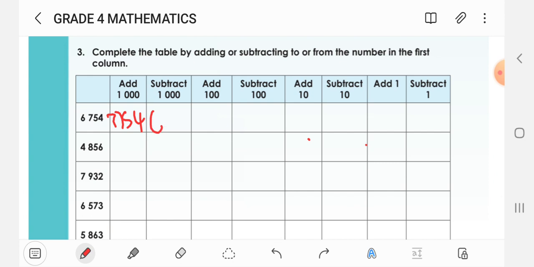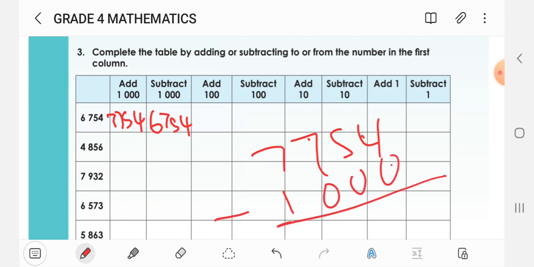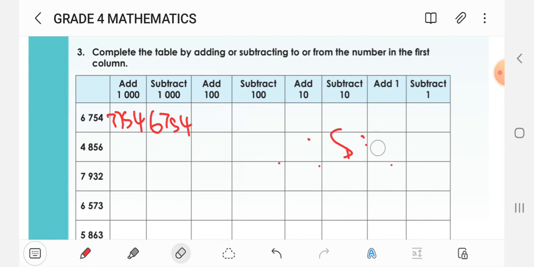We will have 6,754, because we have 7,754 minus 1,000. 4 minus 0, 4. 5 minus 0, 5. 7 minus 0, 7. 7 minus 1, that is 6. I hope you get that. So we have 6,754.